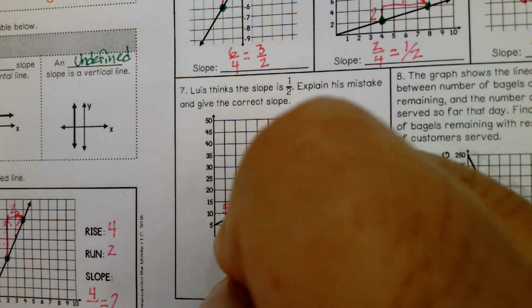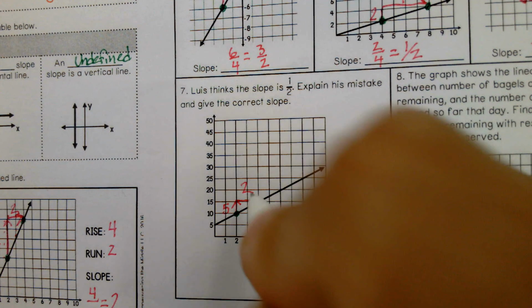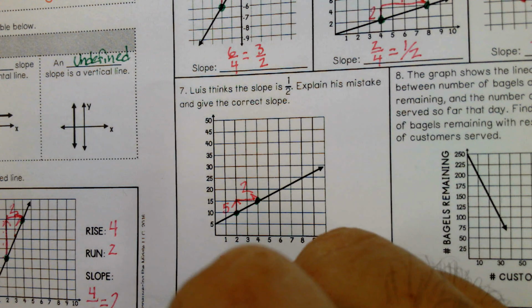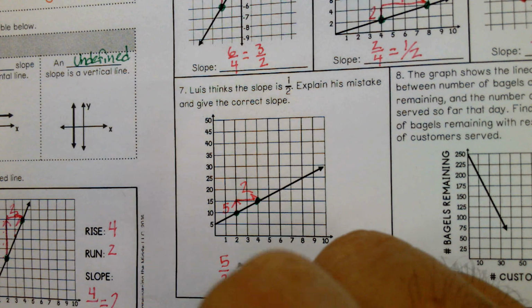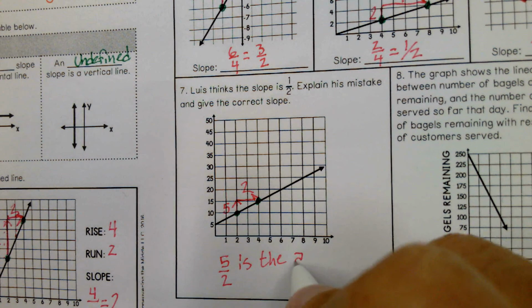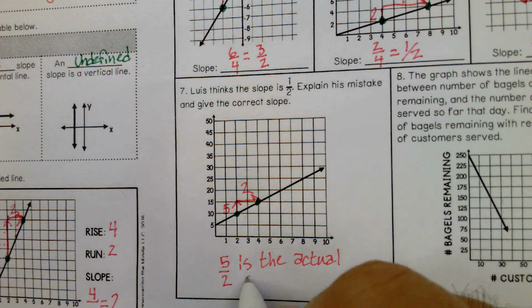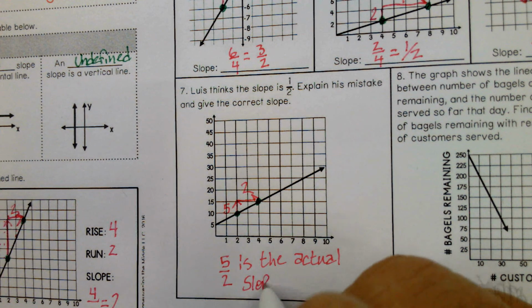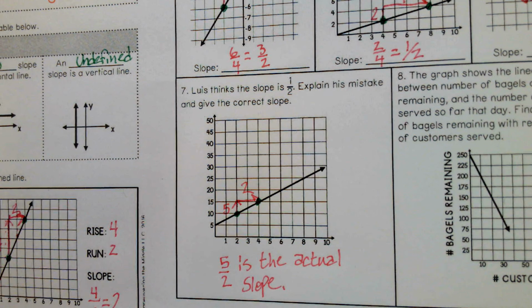Yeah. So it's 5 to 2. So 5 to 2 is the actual slope.